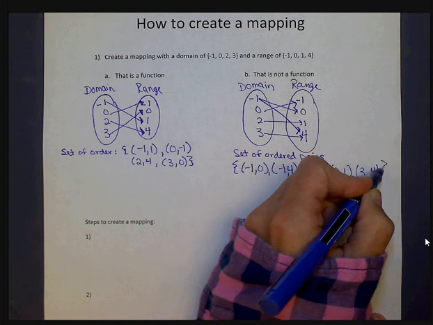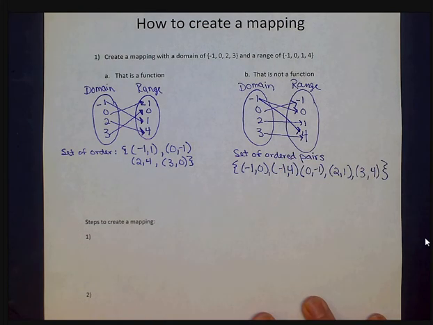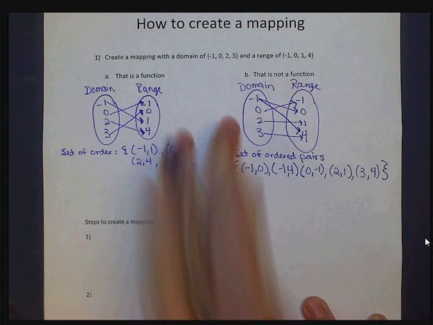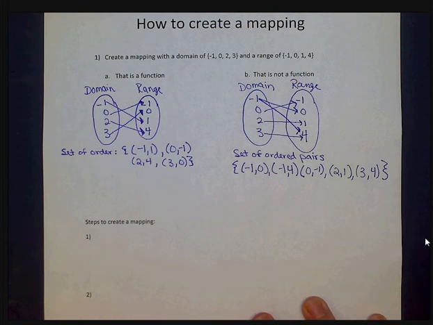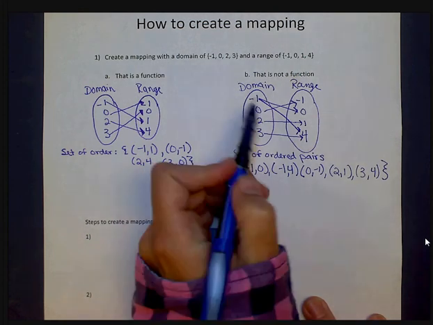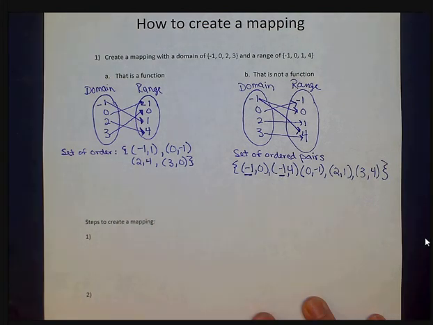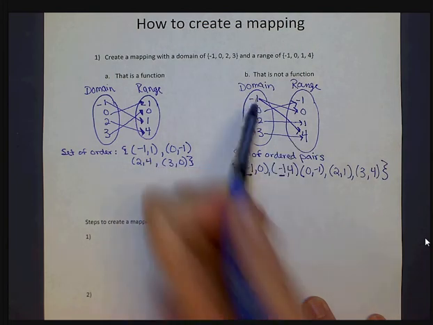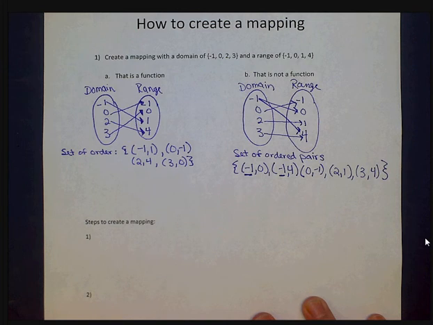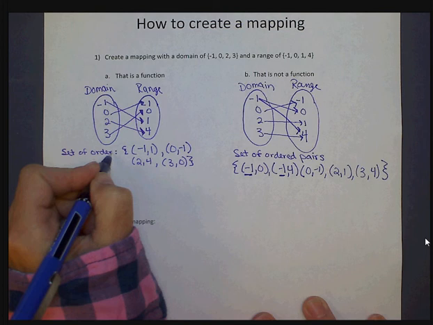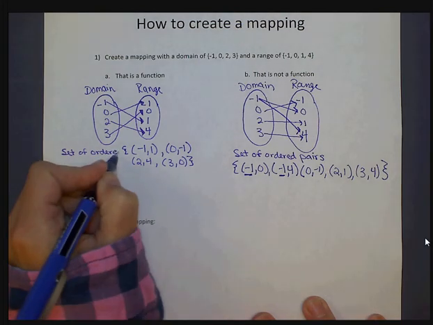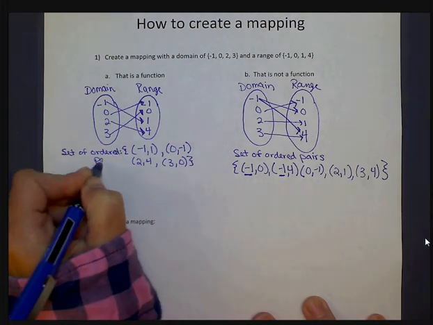So this is the set of ordered pairs that is represented for this mapping diagram. And this one is not a function because you can see we have repeated x values and we have two arrows coming from a domain value in the mapping diagram. This should say ordered pairs.